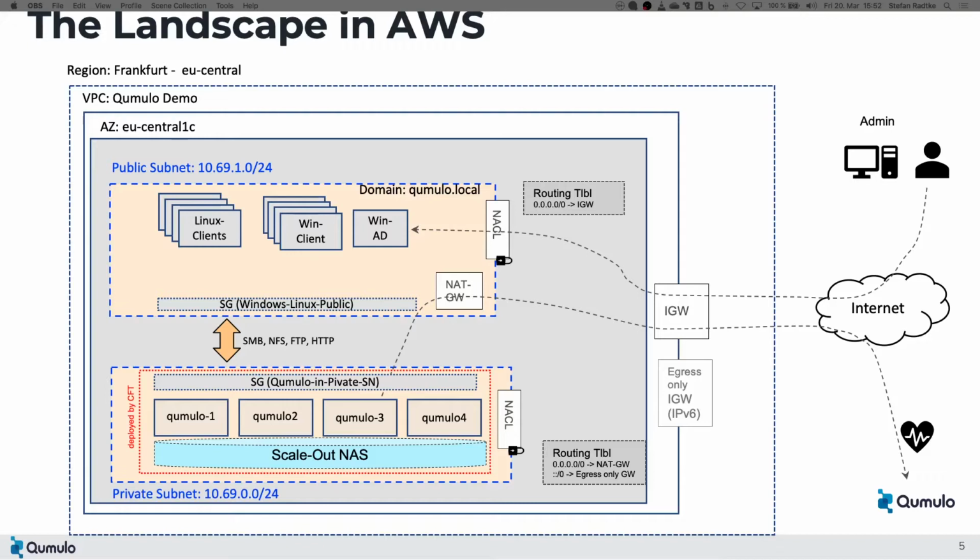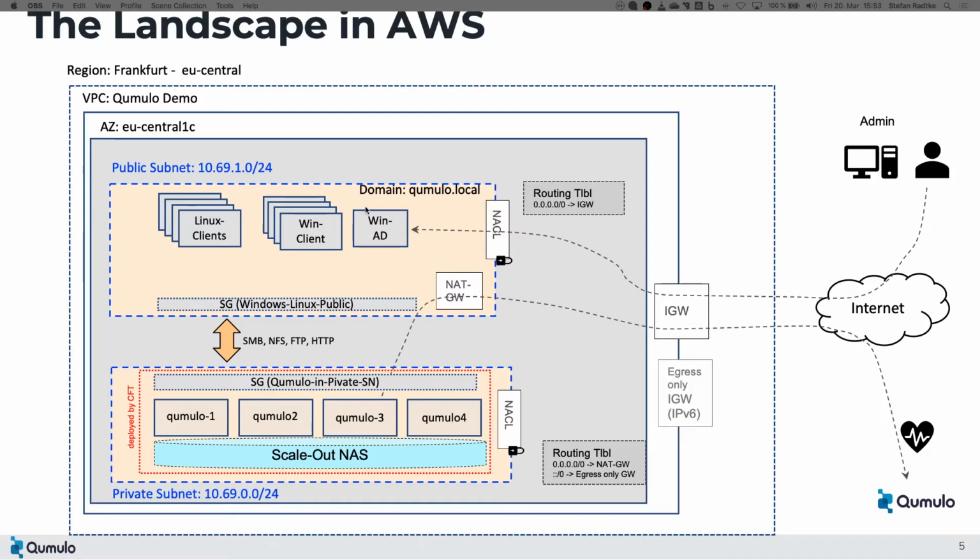Here's how the whole landscape in AWS looks like once we have deployed the Qumulo cluster and several other components like Windows clients, Linux clients, the Active Directory server, and some more components that are needed to use the Qumulo cluster as a scale-out file system. Don't worry that this looks quite complicated.